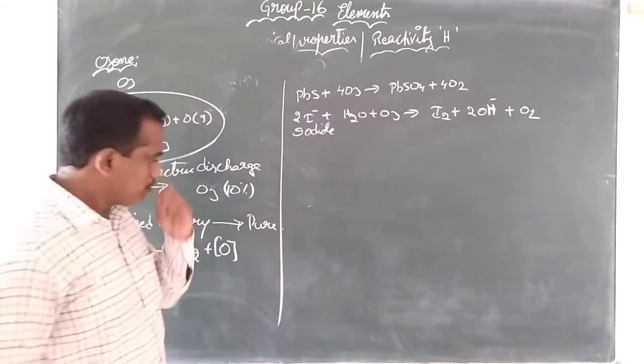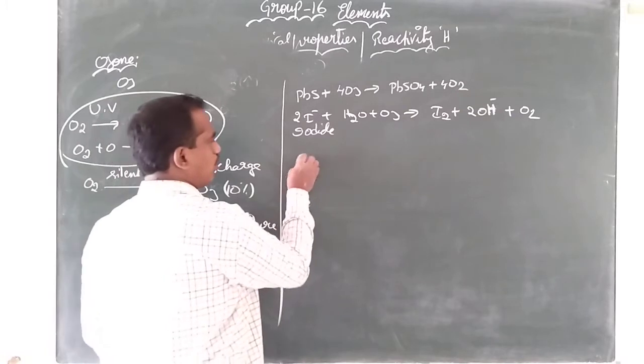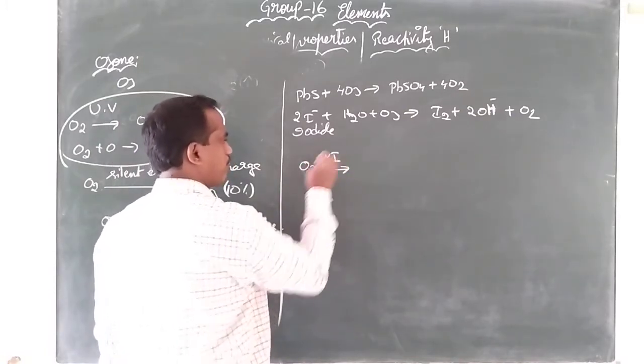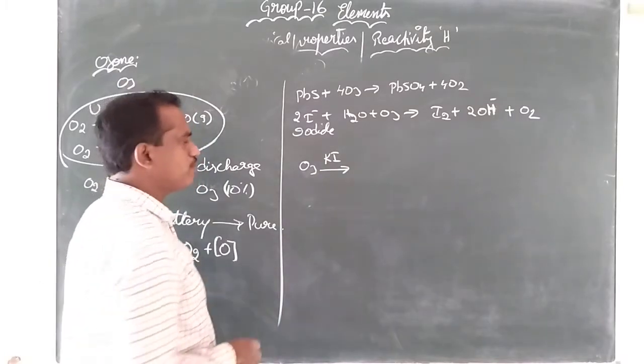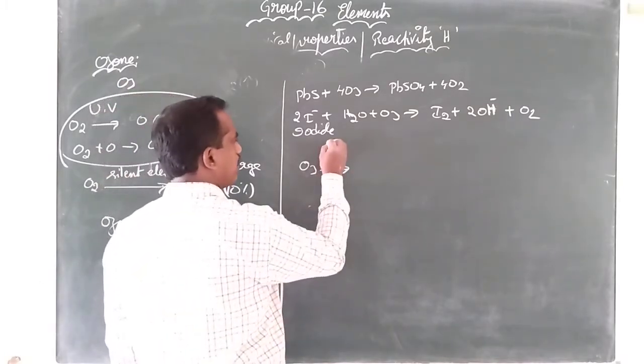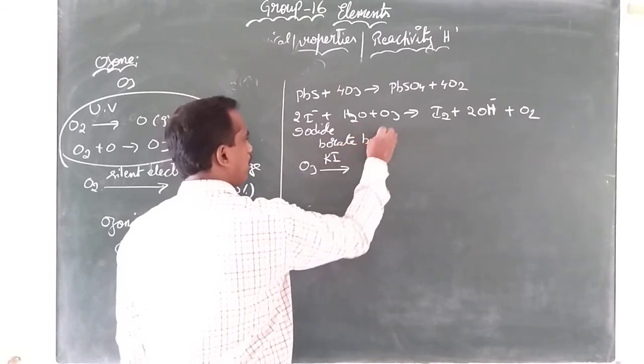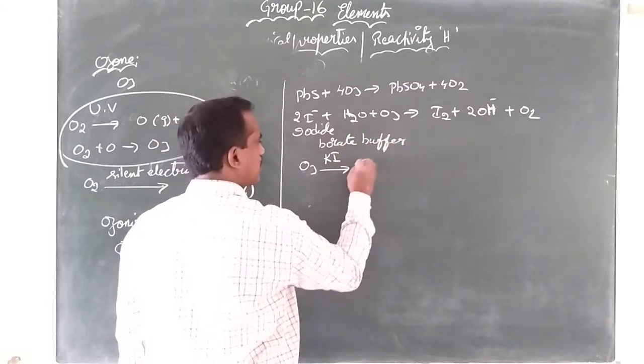Here, whenever ozone is treated with potassium iodide in the presence of a borate buffer, it forms iodine.